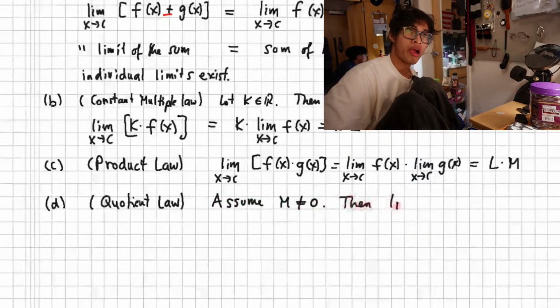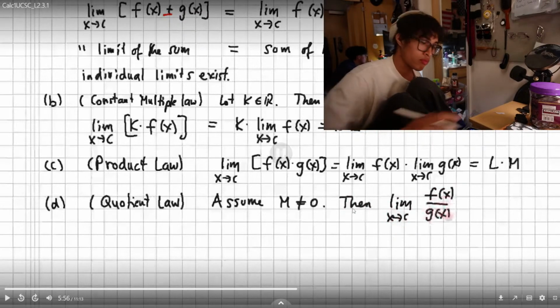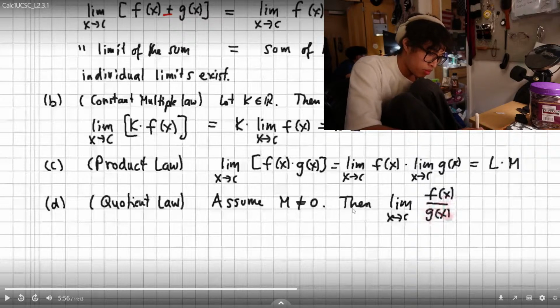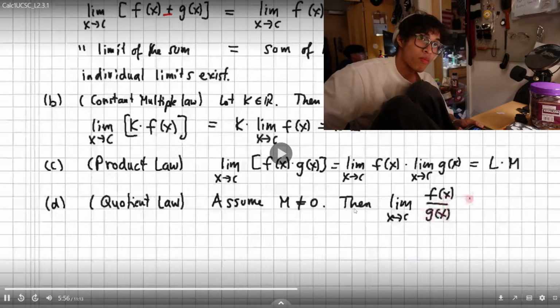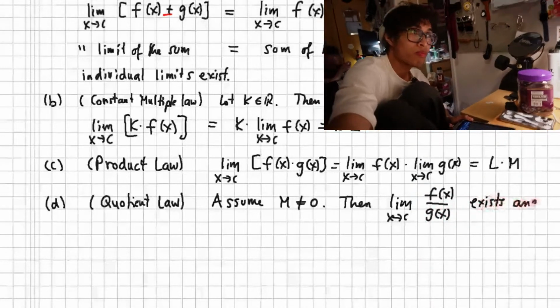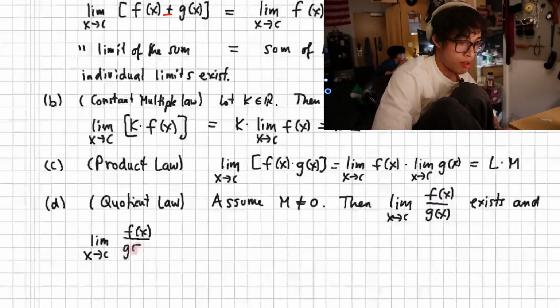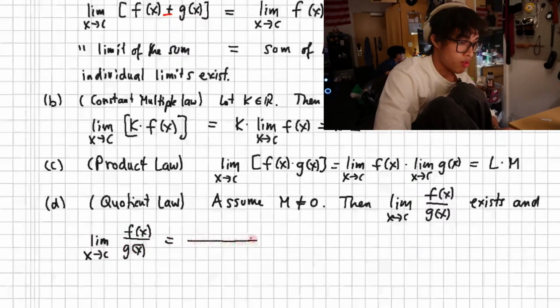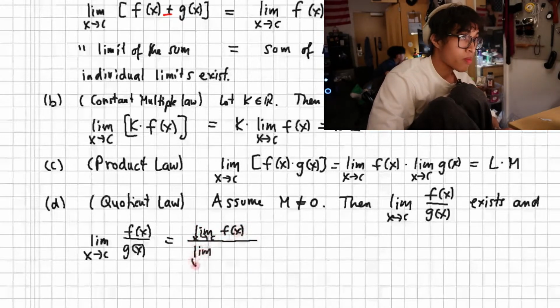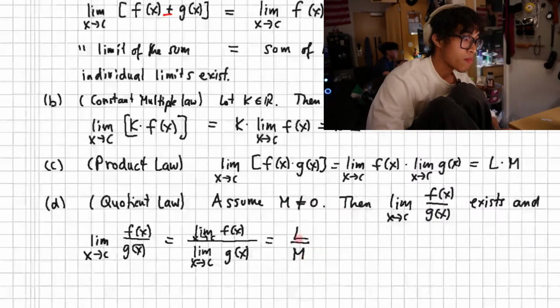Then the limit as x approaches c of f of x over g of x exists, and it is equal to the quotient of the limit as x approaches c of f of x over the limit as x approaches c of g of x, or once again, L over M. And this is, of course, why we need that M is not equal to 0.